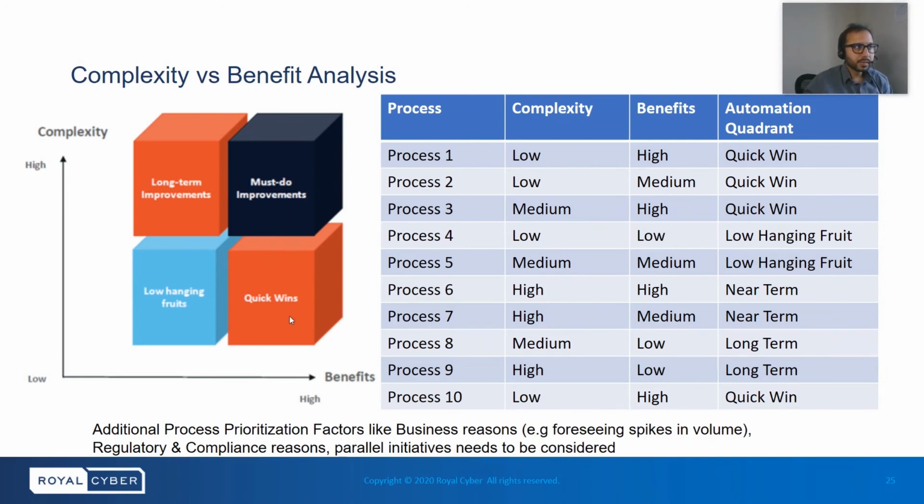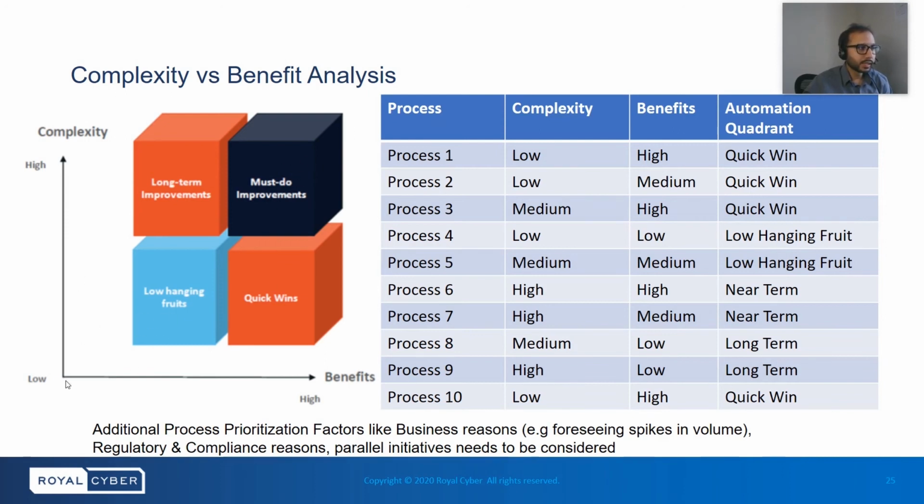So there can be processes that are highly complex and have low benefits. We can place them in this quadrant. The processes that are high in complexity and high in benefit, we should put them here.